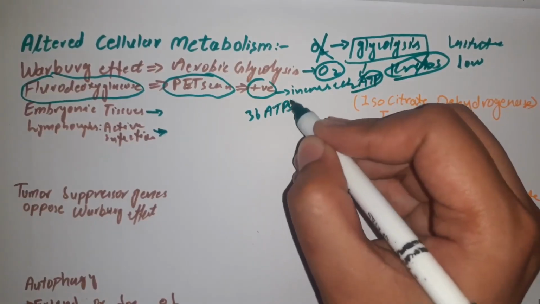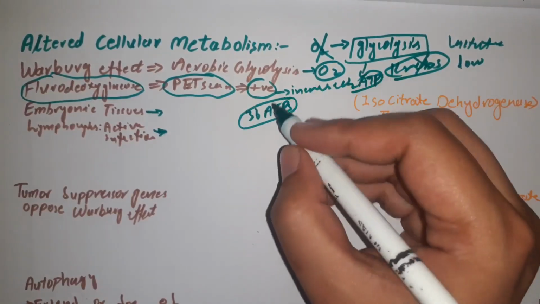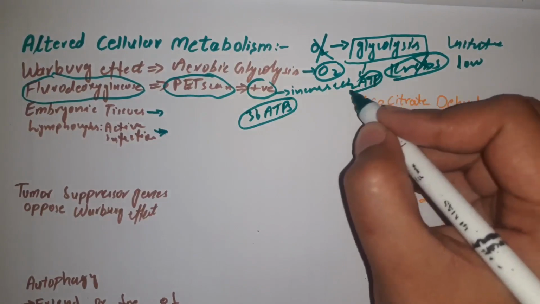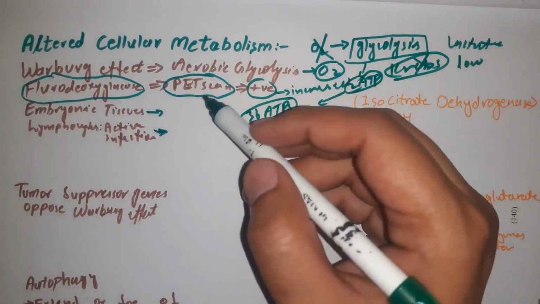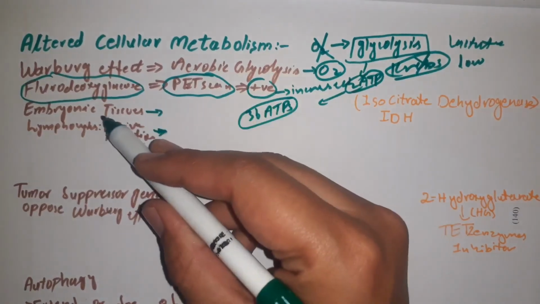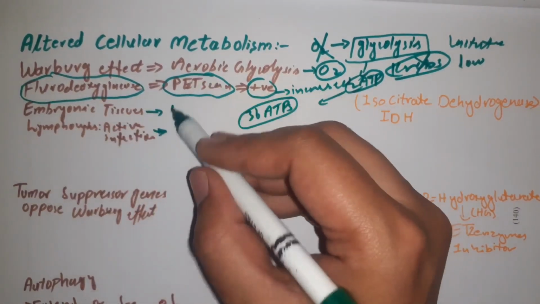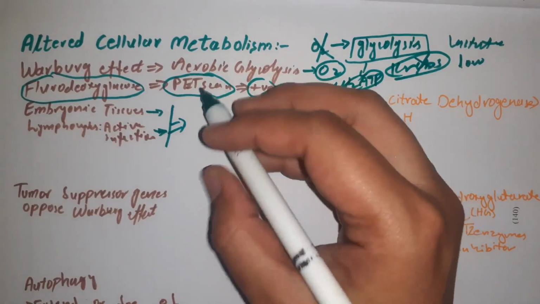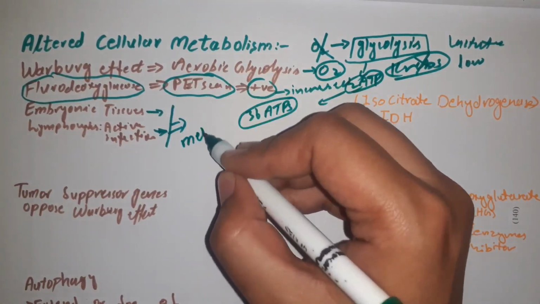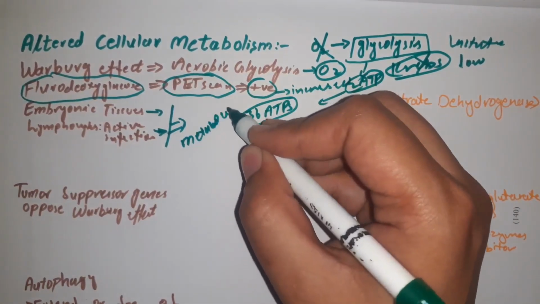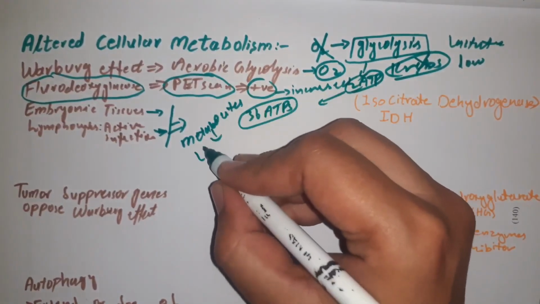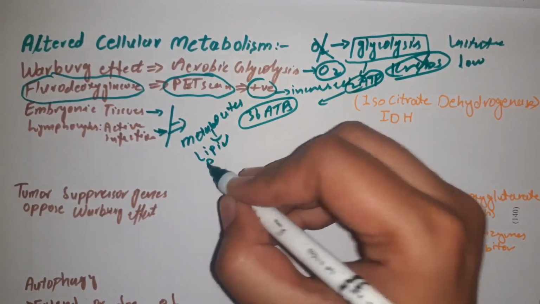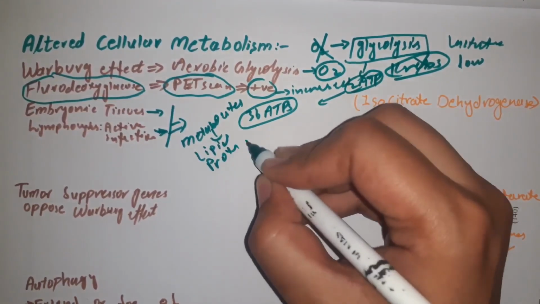However, cells with a deficit of ATP choose a pathway in which the production of ATP is very low. It is because the rapidly dividing cells, including tumors, embryonic tissue, and lymphocytes, also require metabolites to synthesize their own products. For example, they need metabolites to synthesize lipids, proteins, as well as DNA and RNA.